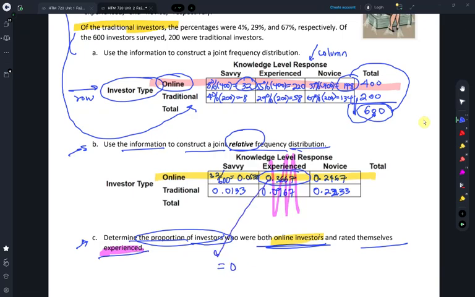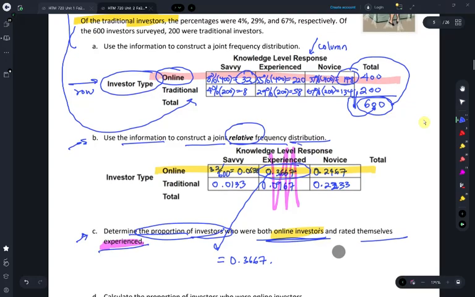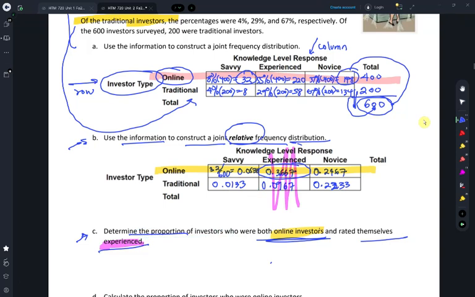That would be 0.3667. Very correct. But in particular, we might notice that we don't have that particular value here. So for online investors who also rated themselves experienced, that would be 0.3667, correct. Good.